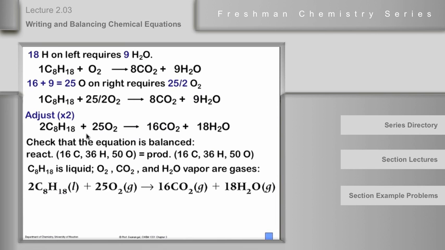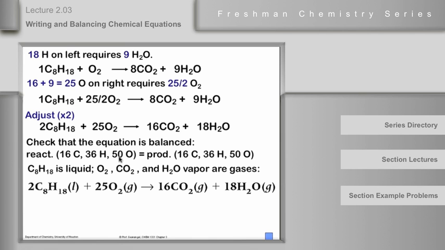And there are problems in the homework and in the practice test, and there may be some on the exam, that give you some choices of balanced chemical equations, and you have to go through and sort out the right one. So don't stop once you've determined that a particular choice has the atoms balanced. Make sure there's not a simpler version of it that you can get by dividing by 2 or 3 or something.